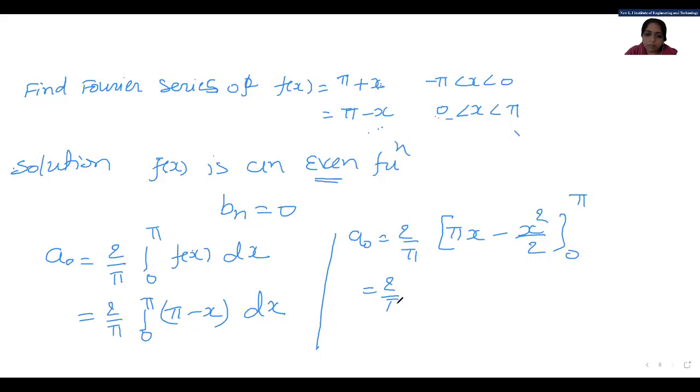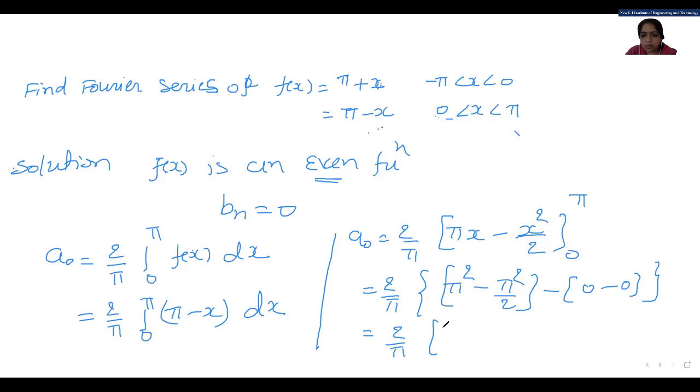So 2 by pi, after substituting the upper limit, we have pi square minus pi square by 2, and for the lower limit, the value is 0. So pi square minus pi square by 2 is pi square by 2, right? 2 by pi times pi square by 2, and after simplification, our answer is pi.